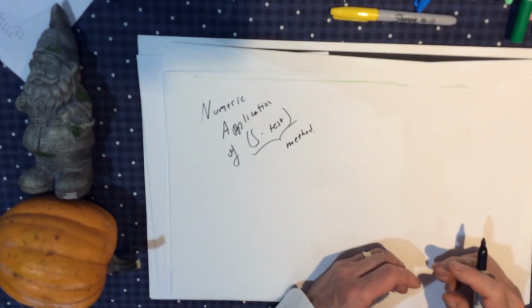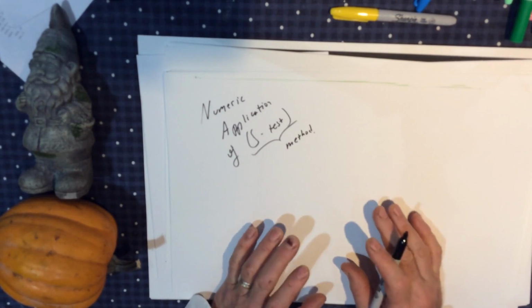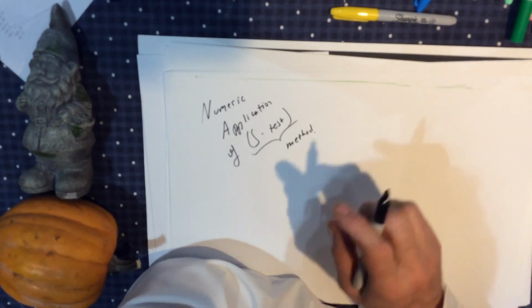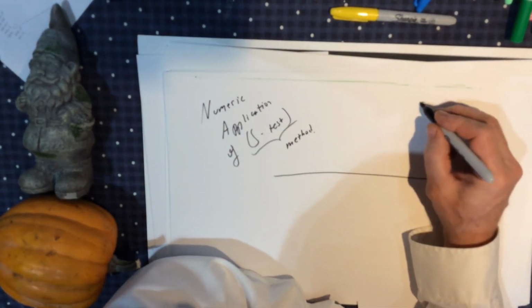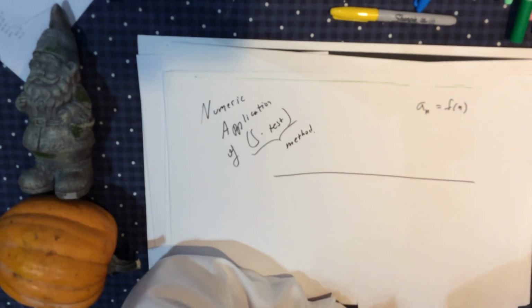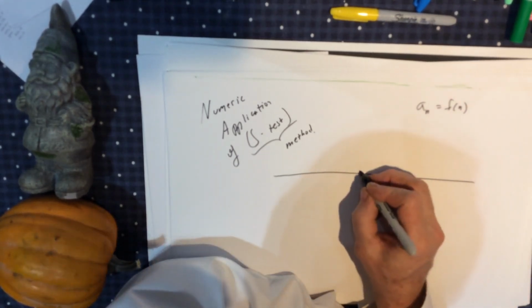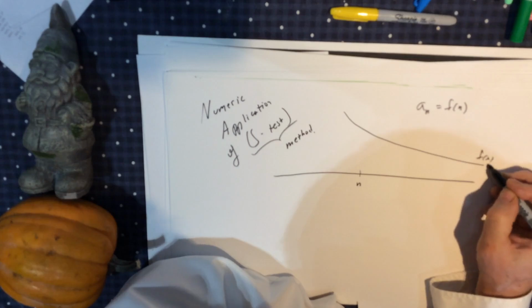Now, in order to do this, I'm going to very, very clearly draw two pictures. And we're going to draw the picture at a point in the sequence where we're at n and we're in n plus 1. So I'm going to plug in n into my function. Here's my f of x.